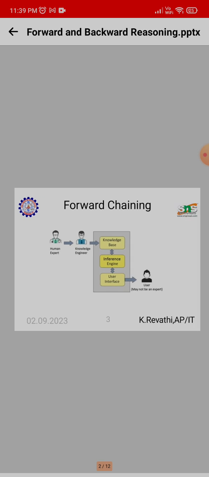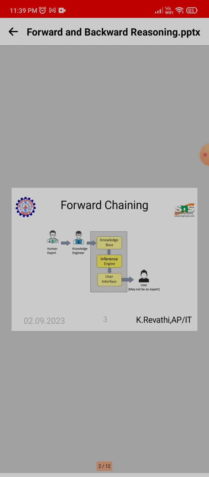Then inference engine. Inference engine is the component of the intelligent system in artificial intelligence, like our core engine, which applies logical rules to the knowledge base to infer new information from known facts. Then inference engine commonly proceeds in two modes, the first one is forward chaining, the second one is backward chaining.